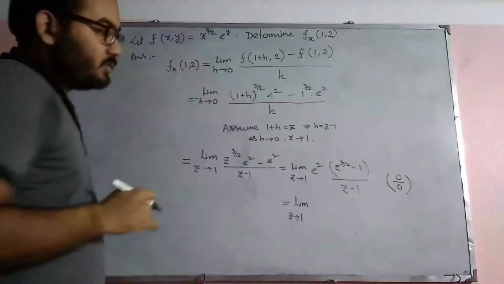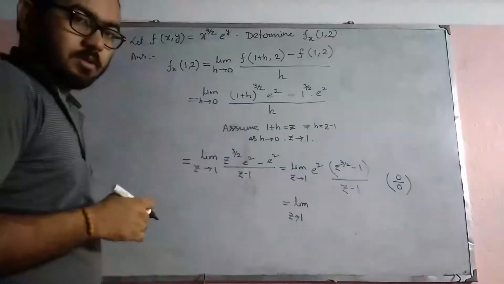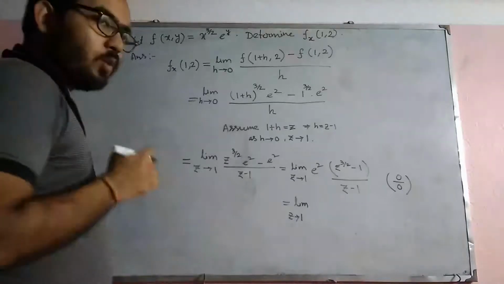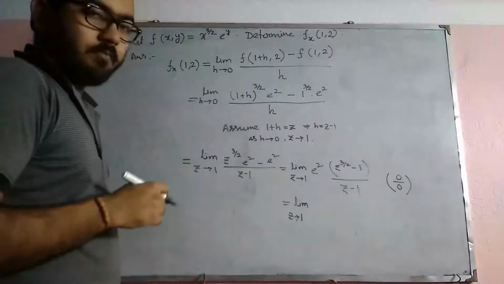To apply L'Hospital rule, we have to differentiate the numerator and the denominator with respect to the variable z.